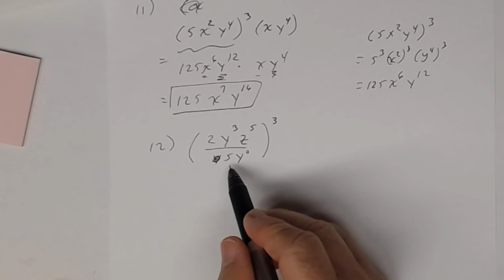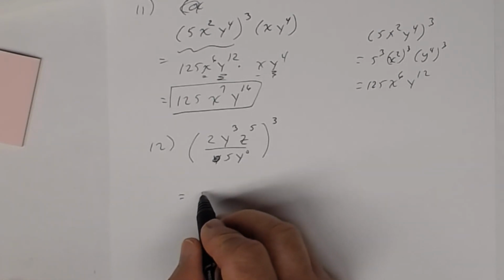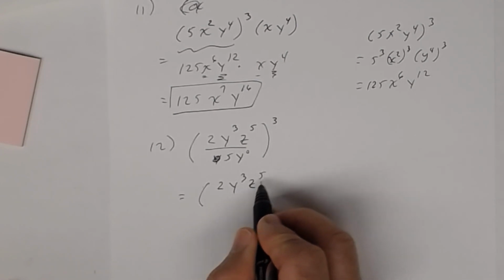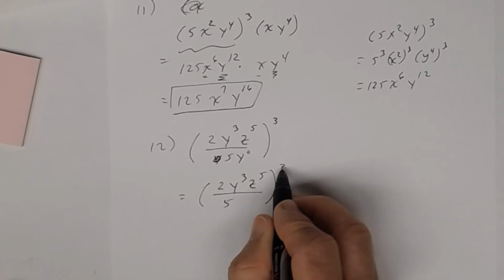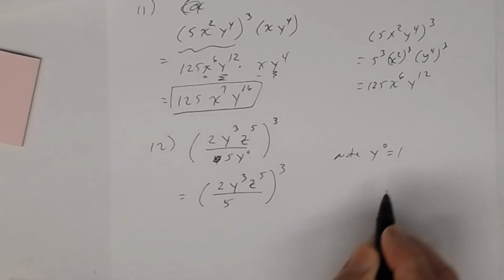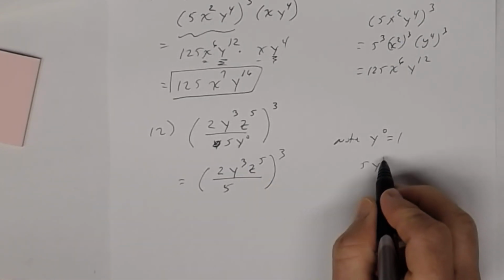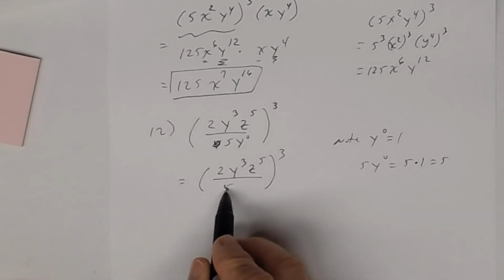You know right away that that's 1, right? So I'm going to say 2y cubed z to the 5th divided by 5, all raised to the 3rd power, because note, y to the 0 equals 1. So that's a 1 there. 5 times 1 is 5. So that's what you see here.